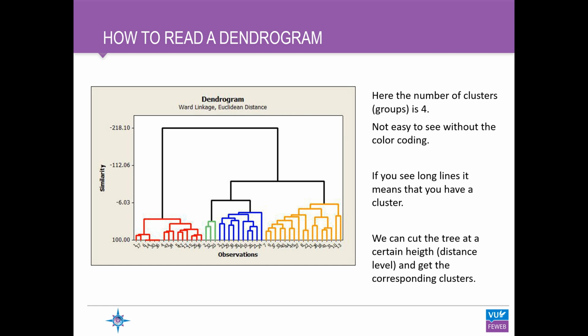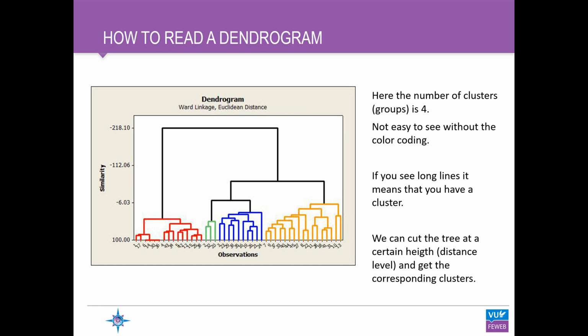We see that these two lines are very long, right? So before everything is clustered together, it takes a long time. So 2 clusters is definitely useful. Then we see that these lines are also pretty long, so that means that 3 clusters can also be very useful. We count vertical lines: 1, 2, 3 clusters at this height. Then these clusters could also be meaningful, saying you have 1, 2, 3, 4 clusters.